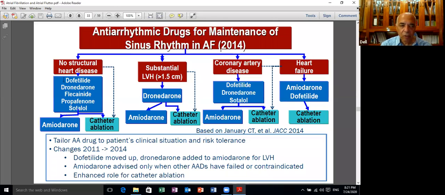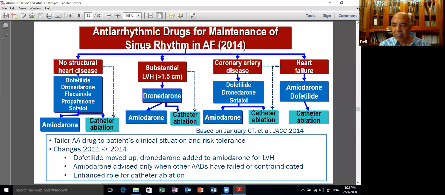Now, as I told you, dofetilide has been erased by the European Society. They are replacing it with vernakalant. Vernakalant is a class 3 antiarrhythmic drug which works on a sodium and potassium channel peculiar to the atrium. I means current, K means potassium, UR ultra rapid. The IKur current is exclusively located in the atrium. So the main result is that it is not proarrhythmic, because it doesn't act on the ventricle and produce serious arrhythmia.